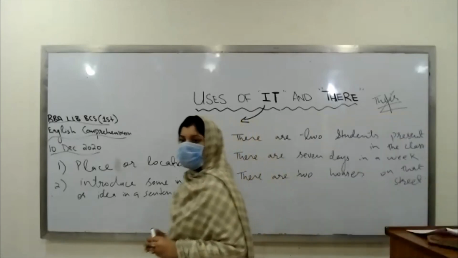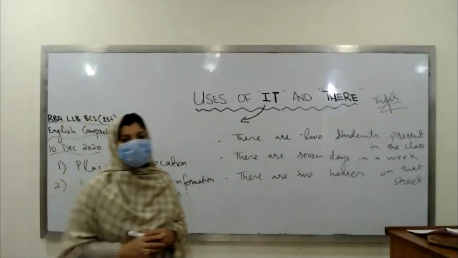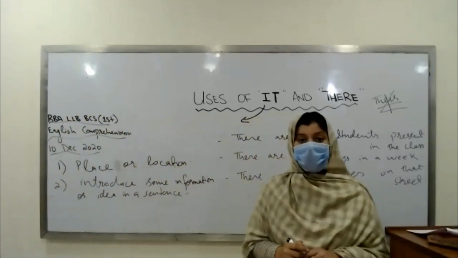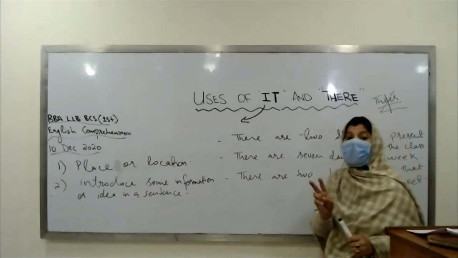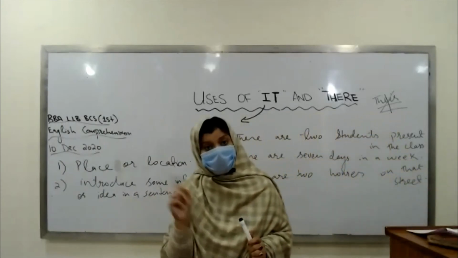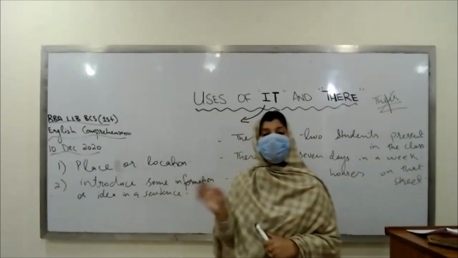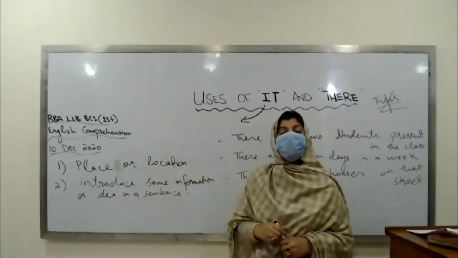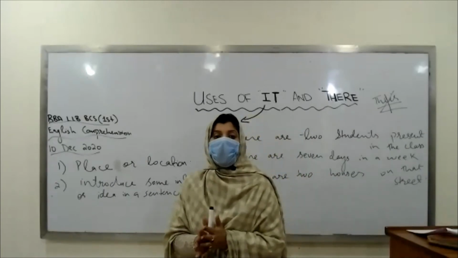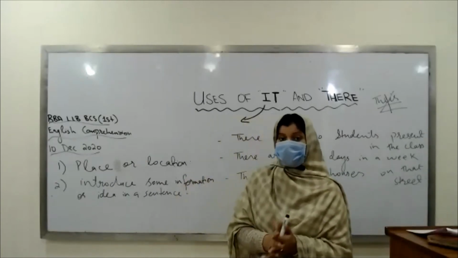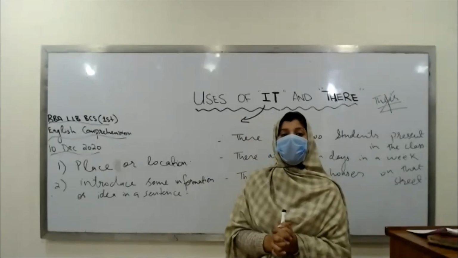Present today. So if the person is replying with an answer that there are 2 students present in the class. Now here the number 2 has been introduced with the help of there in a sentence. So it's the next use of there, that whenever you are using a number in a sentence, to introduce that number, or to write or tell that number in a sentence, you will take help of there.